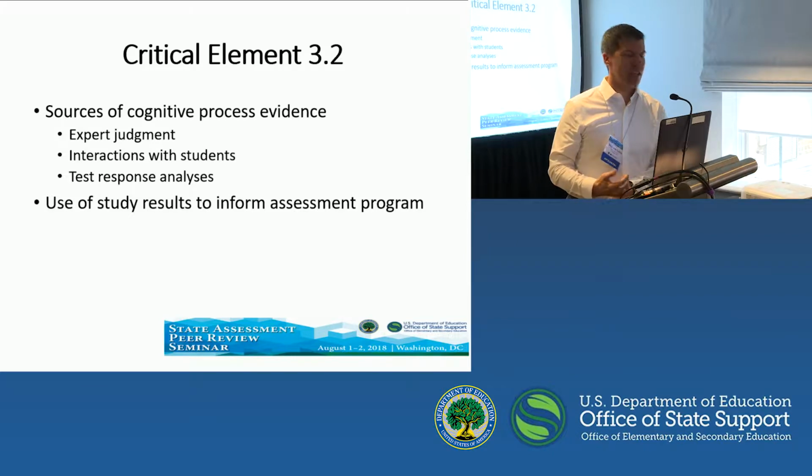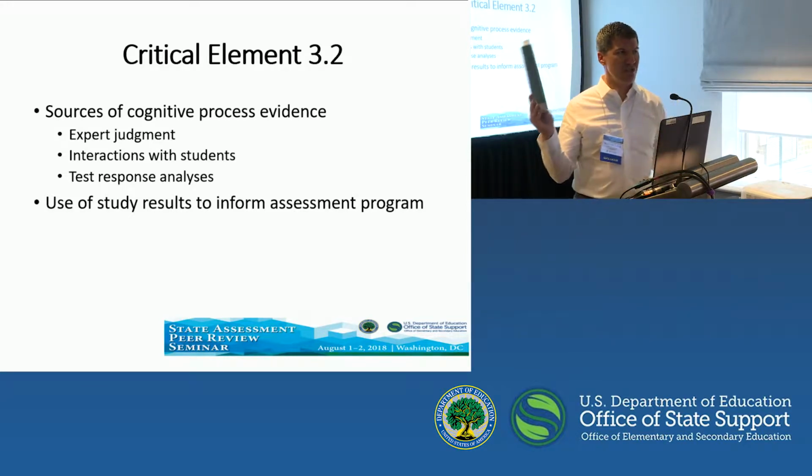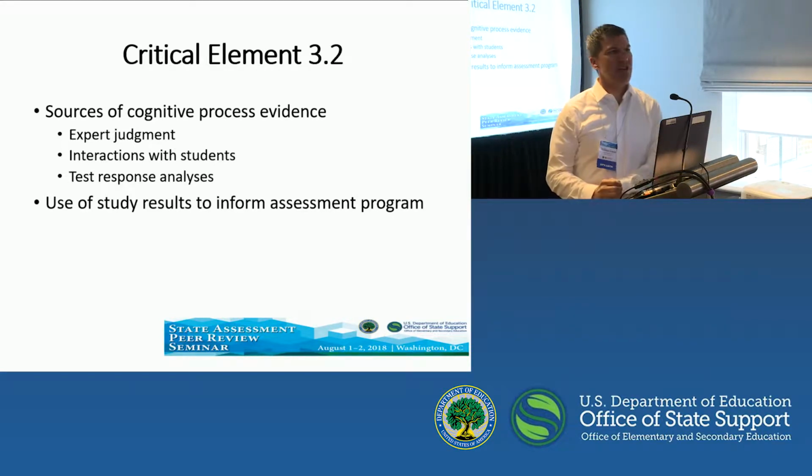You can look at the standards, which Ryan had mentioned, the standards for educational and psychological testing. There is a section there on evidence based on response processes, and it's very clearly laid out what that evidence may consist of, and more importantly, when it's applicable.